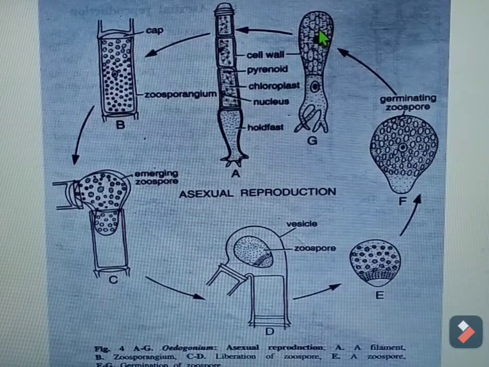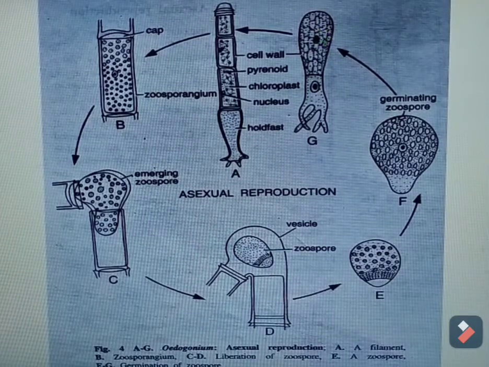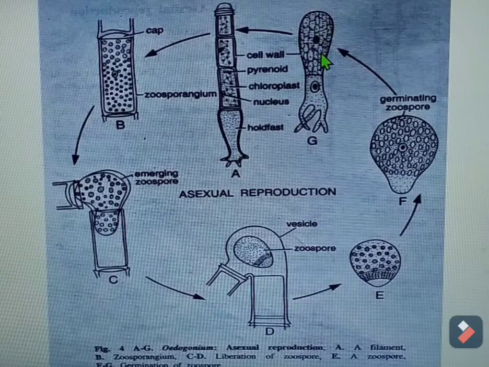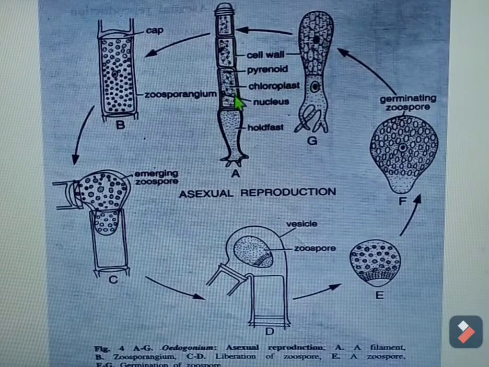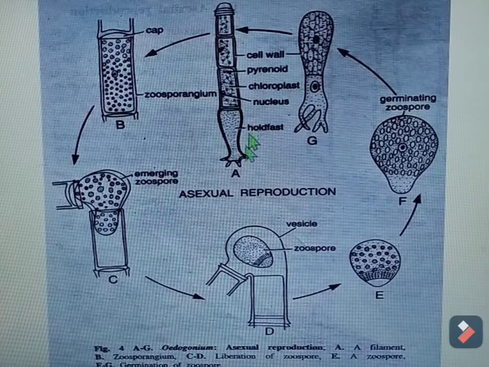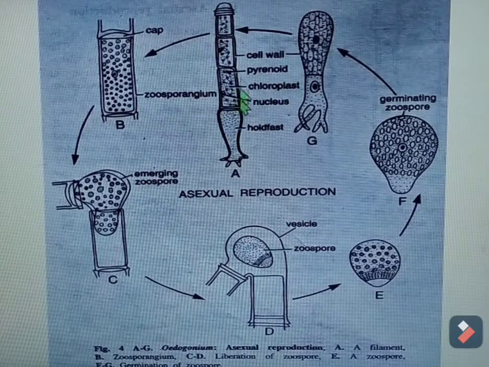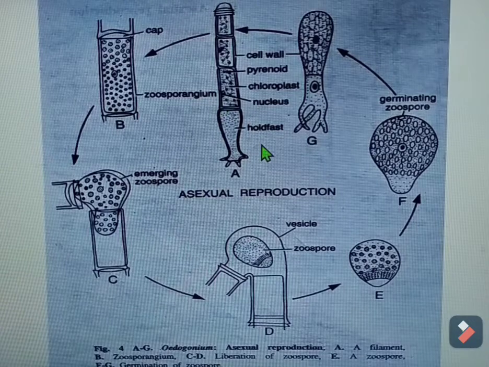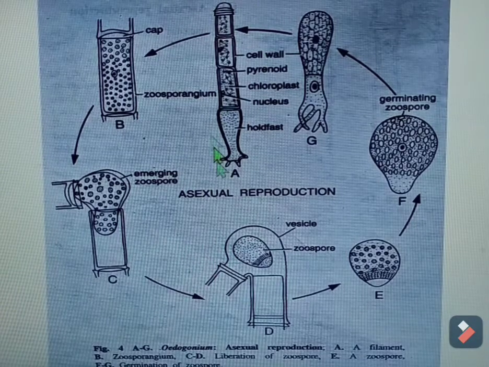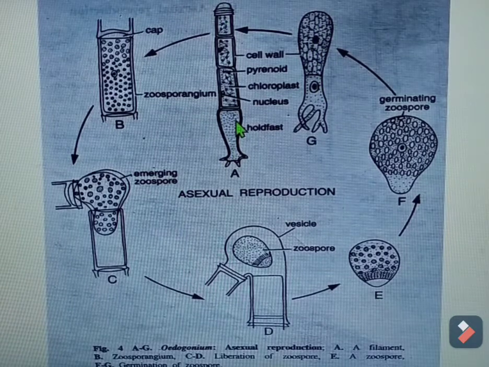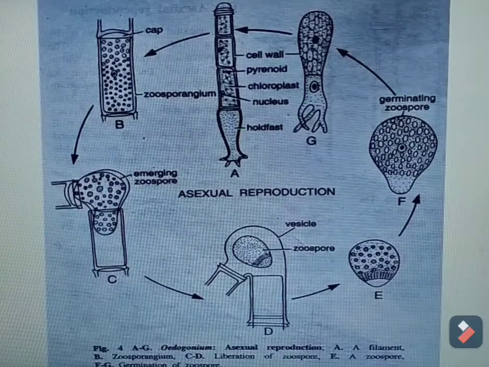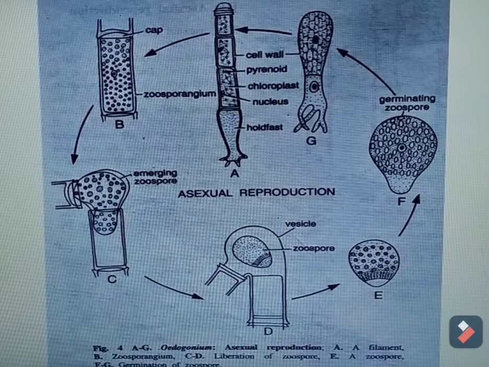This green cell will start to divide repeatedly to form a new filament. So you can see this is the whole thallus structure of Oedogonium. It divides repeatedly to give rise to a new thallus, a new organism, a new filament.